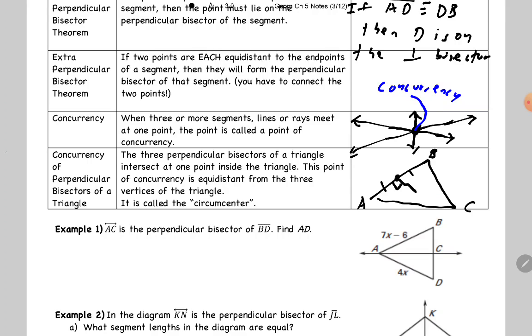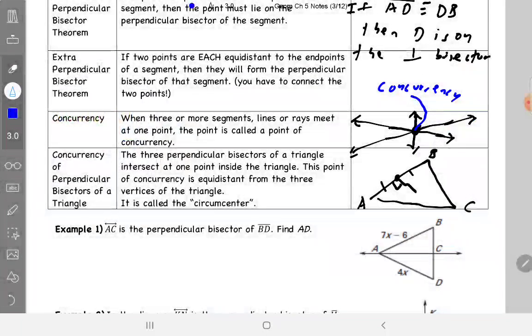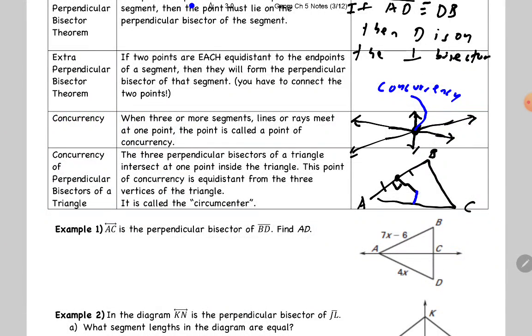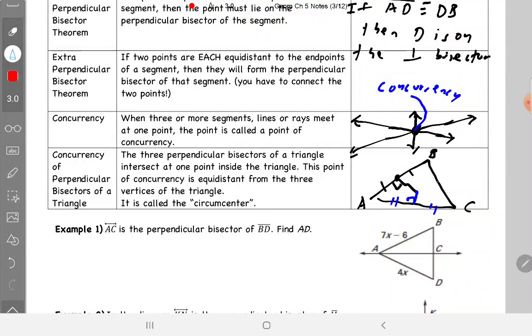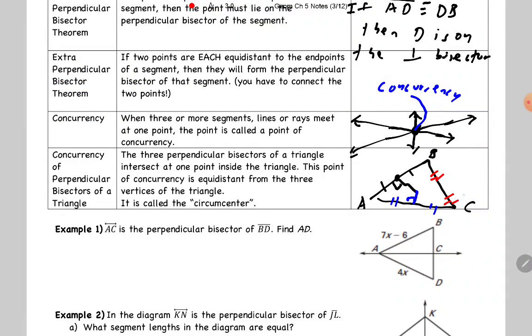If I started from here, and went 90 degrees and split this in half, and if I went here and split this in half, these would all intersect at a point, and that would be the concurrency of the perpendicular bisectors. It's called the circumcenter.